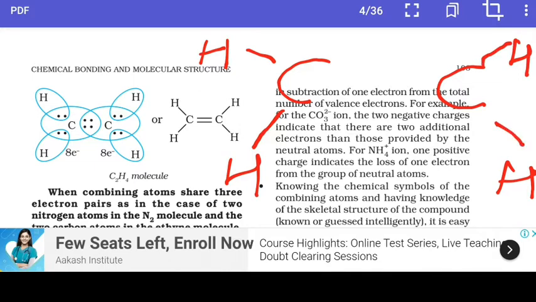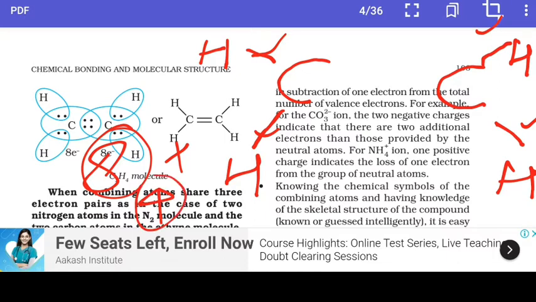As you know, in a single bond 2 electrons participate. So 2 electrons from here, 2 from here, 2 from here, and 2 from here. That means 2 4s are 8 electrons used, and now we have 4 electrons remaining, because there are 12 electrons.